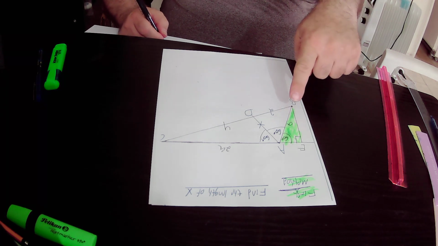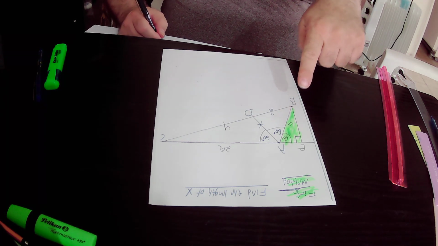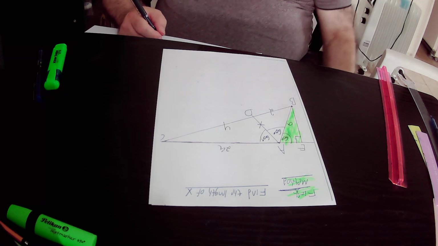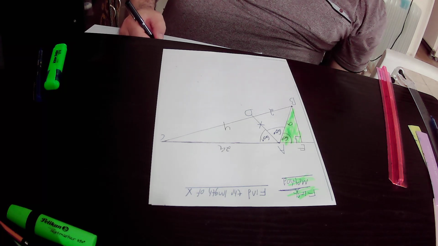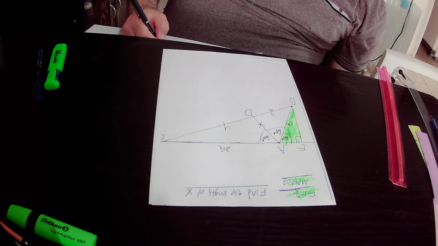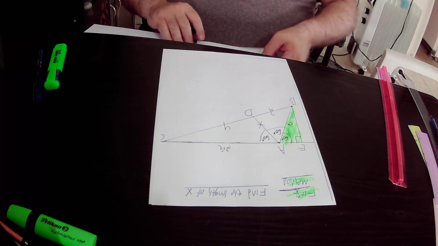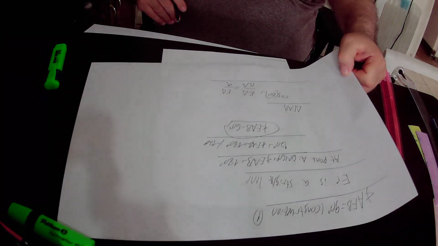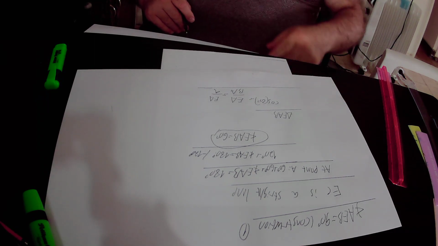BA equals A according to what is given in the question, so we substitute BA by A. So in conclusion, cosine 60 degrees equals EA over A.